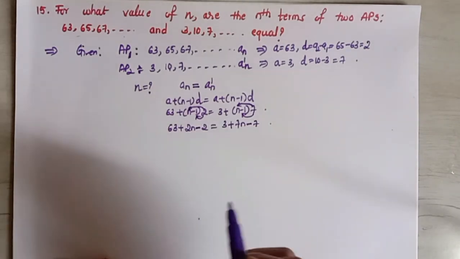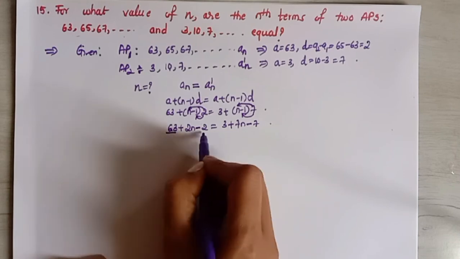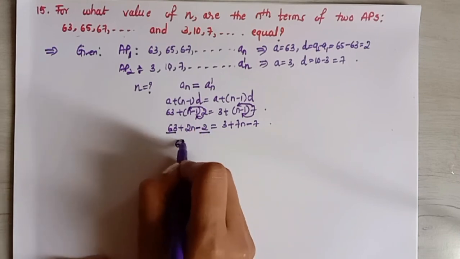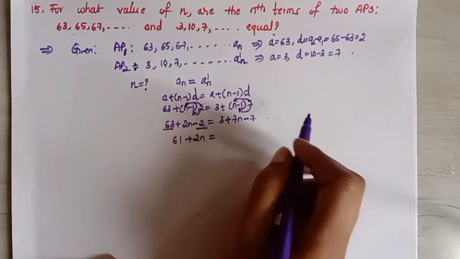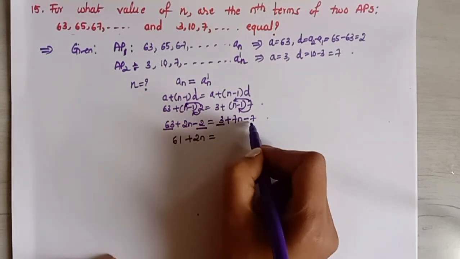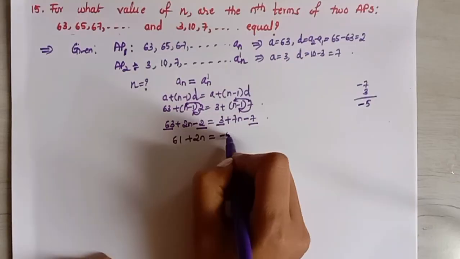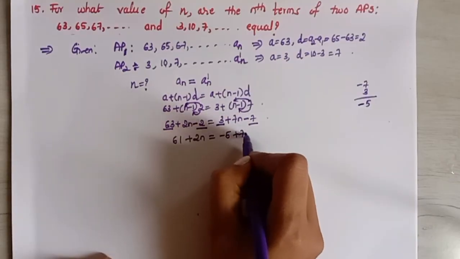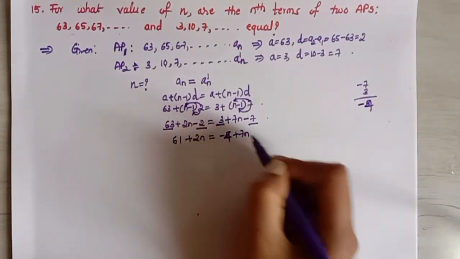Let us solve this. 63 minus 2 is 61. So we are left with 2n, which is equal to, what is 3 minus 7? Minus 4. We are left with 7n. So 61 plus 2n equals minus 4 plus 7n.